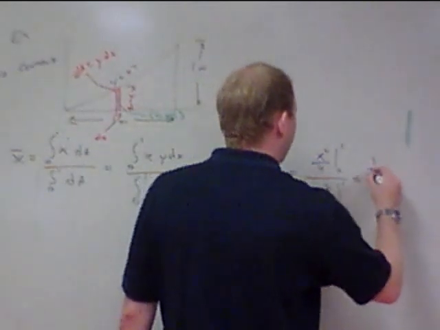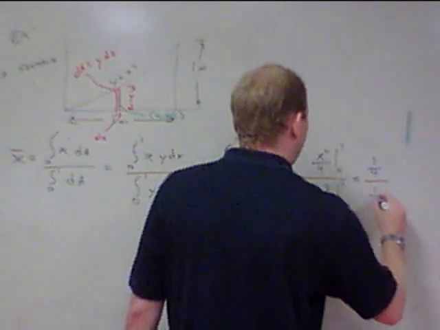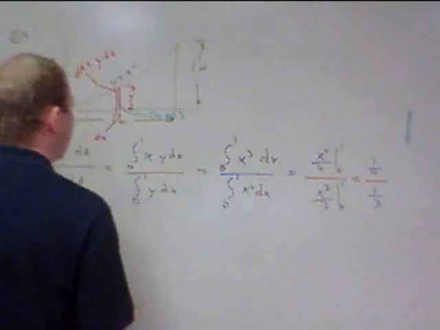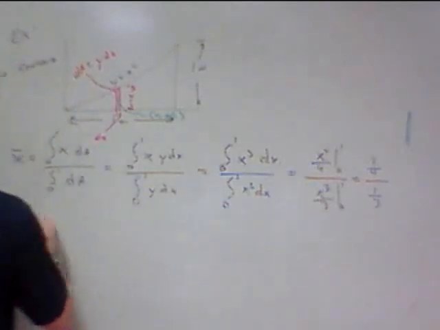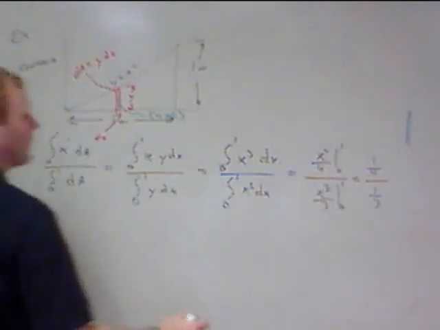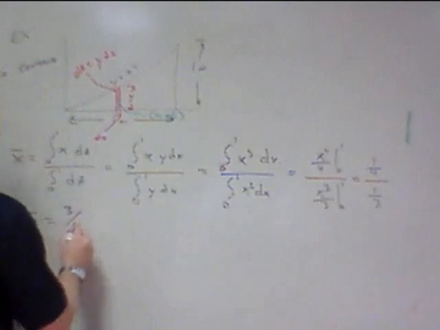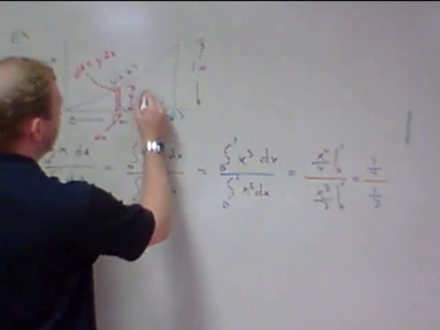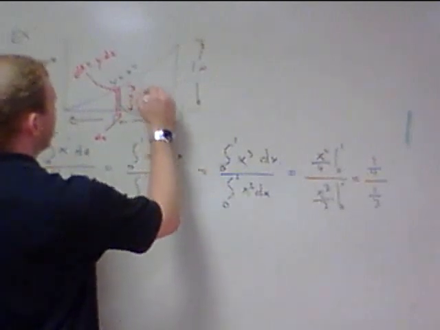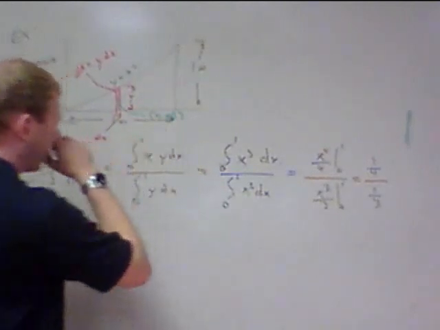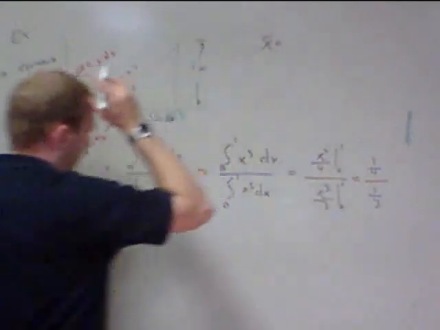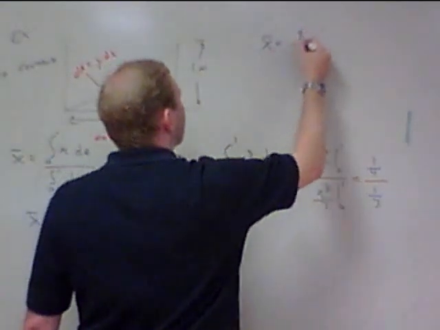This ends up 1/4 divided by 1/3, which means our center of mass x bar is equal to 3/4, which makes sense. The x position of our center of mass is about 3/4 of the way over, somewhere along this line. So we have x bar equal to 3/4.